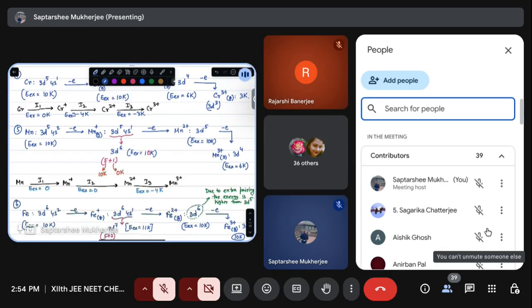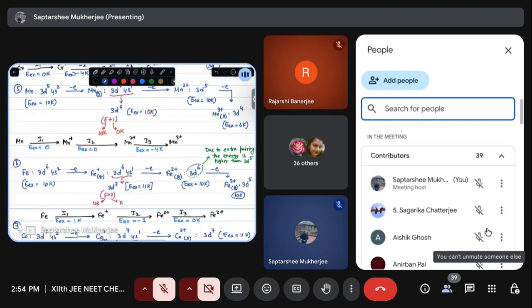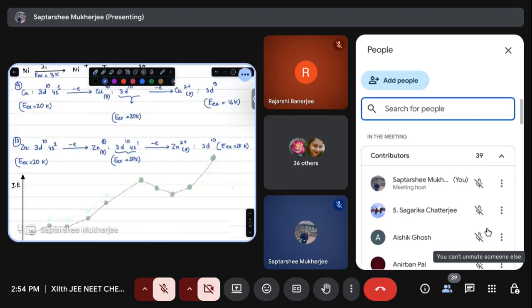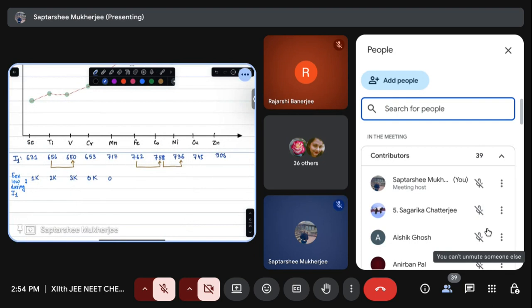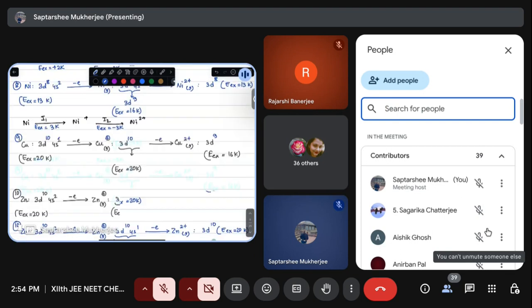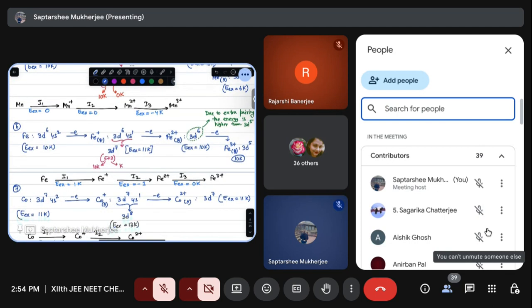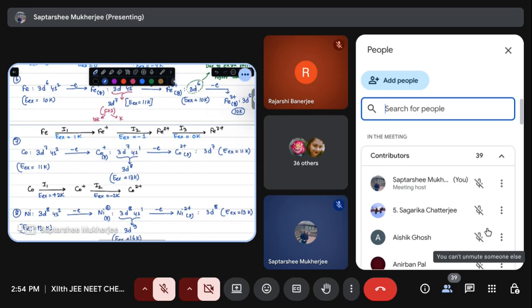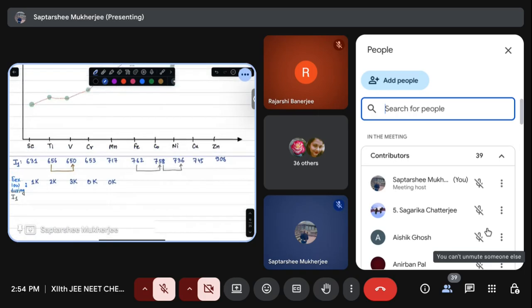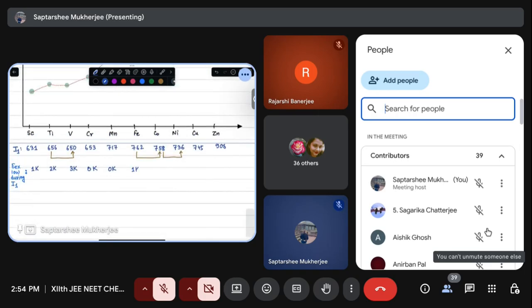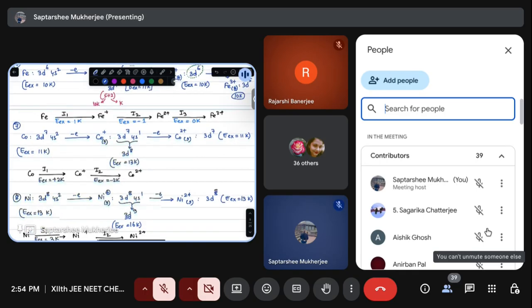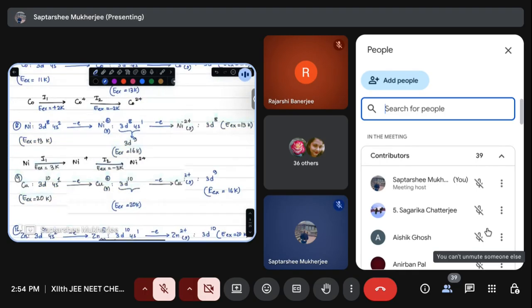For manganese, the exchange energy gain was again 0k. For iron, the exchange energy gain 1k. For cobalt 2k. Nickel, last we did for nickel only, it was 3k.